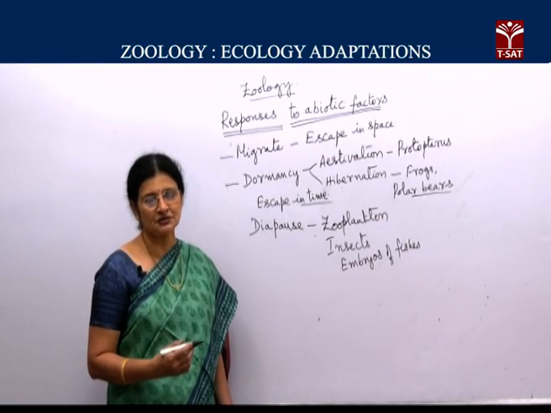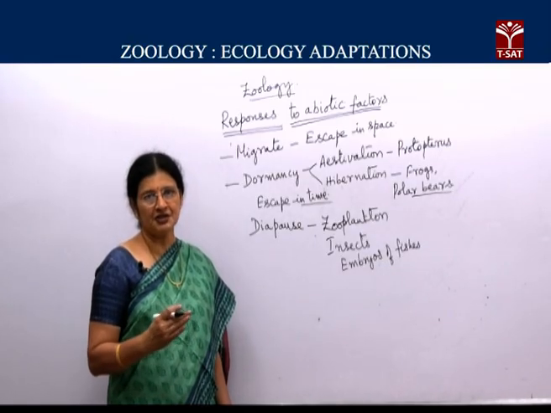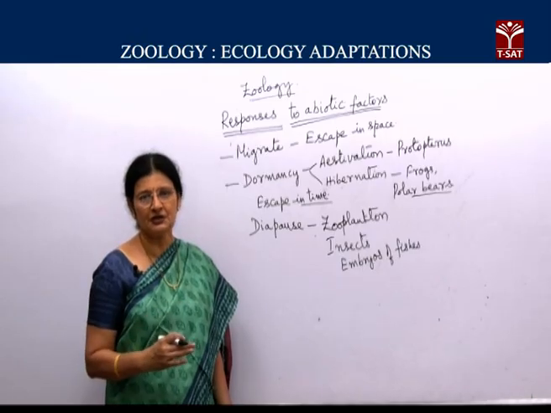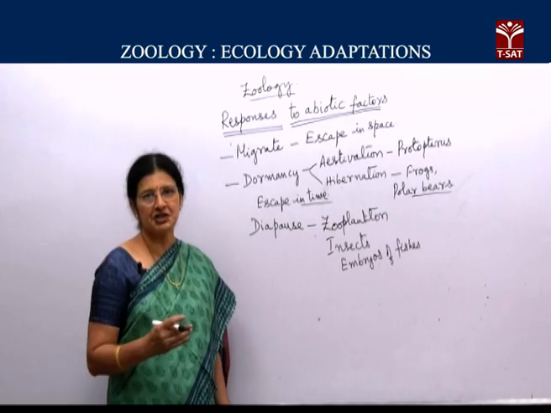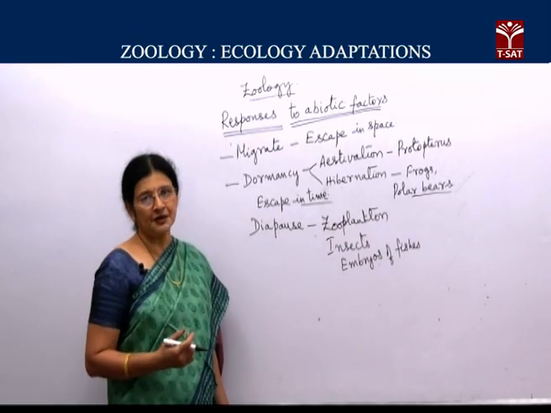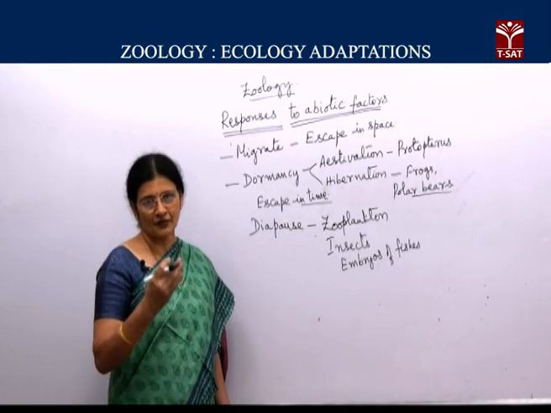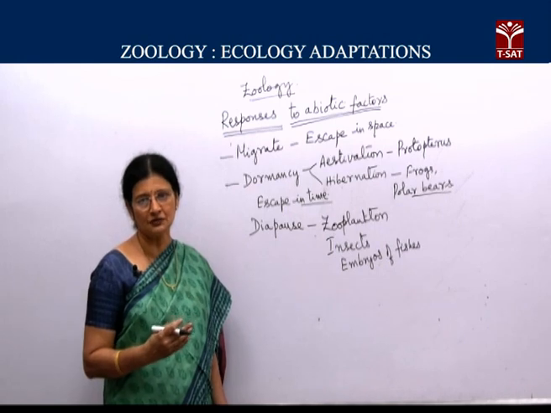Let me summarize. As abiotic factors undergo changes in different places of the world and in different seasons, organisms also change their responses. Some of them show thermoregulation and osmoregulation.